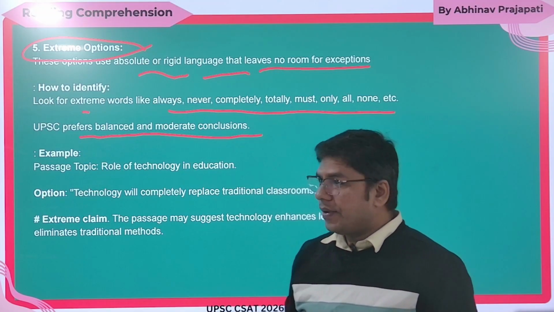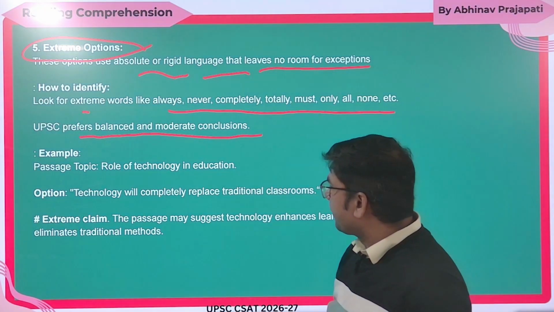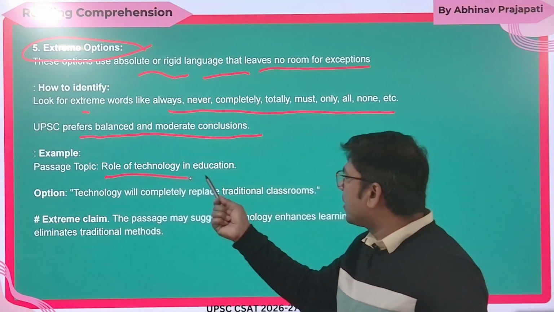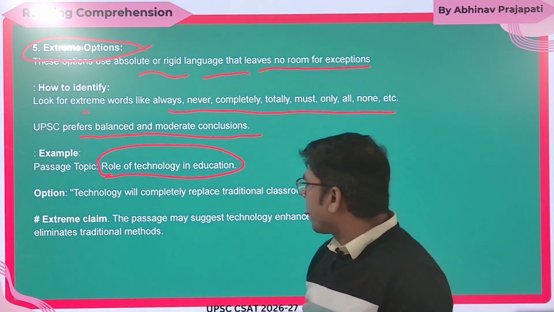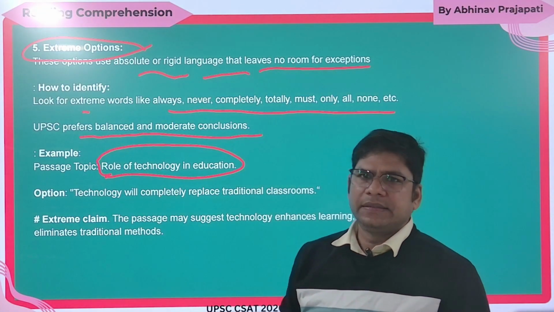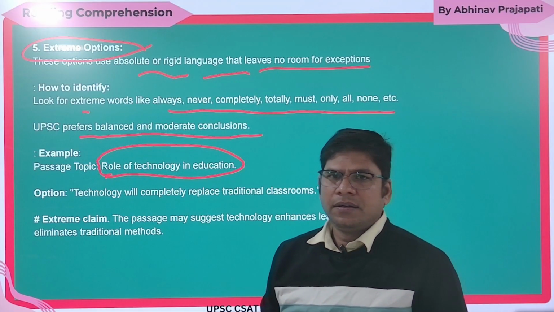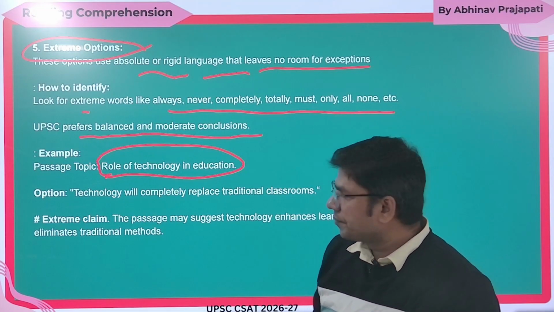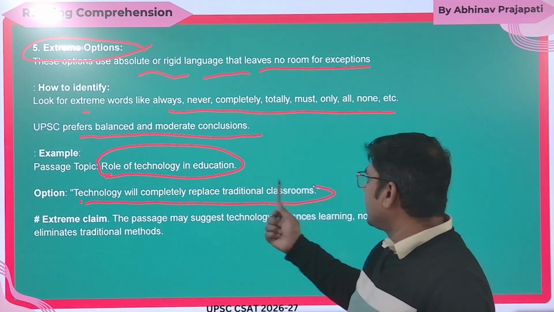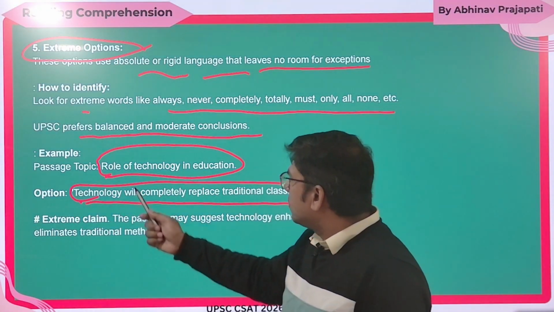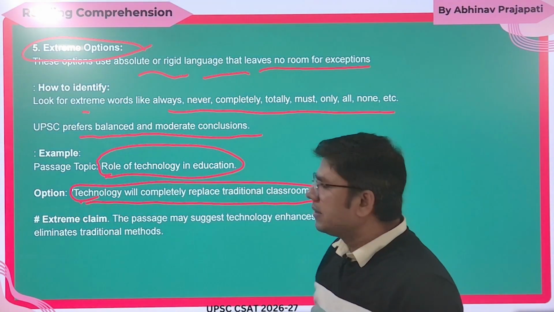Suppose there is a passage on the role of technology in education, how technology is changing the way we learn. One option says technology will completely replace the traditional classroom. So this is presented as the only role of technology in education. Is it possible?